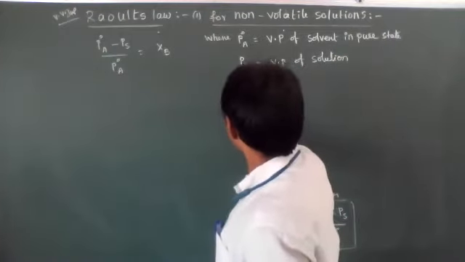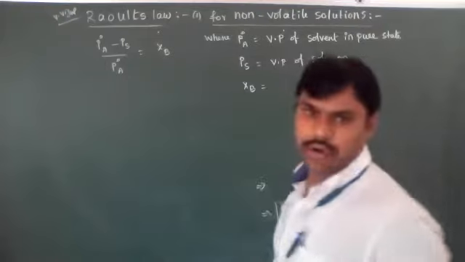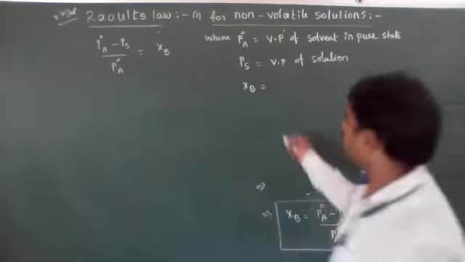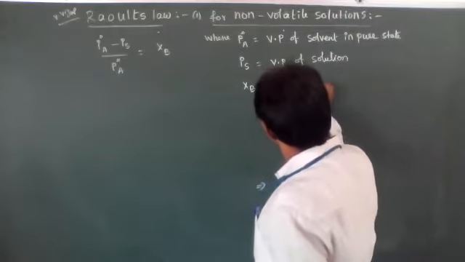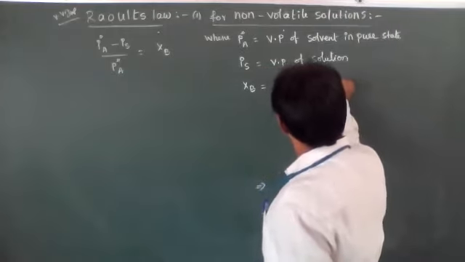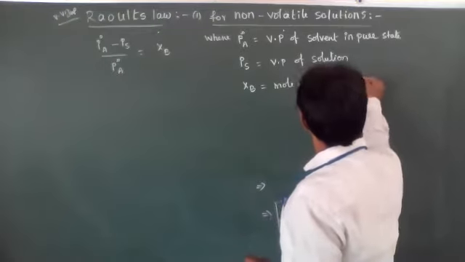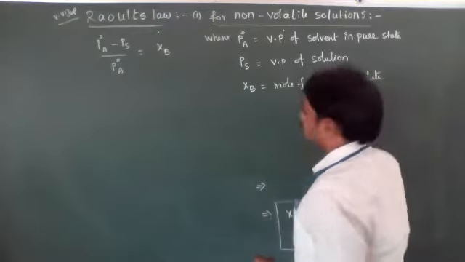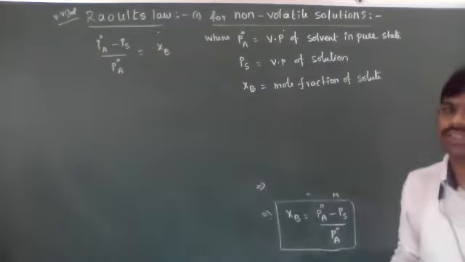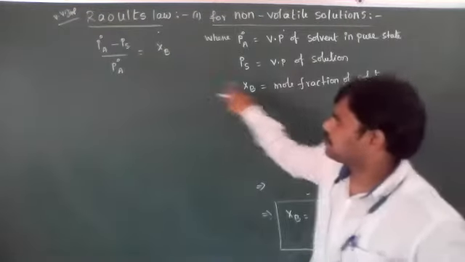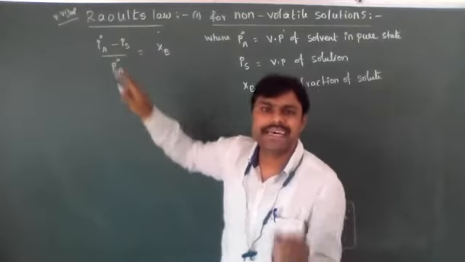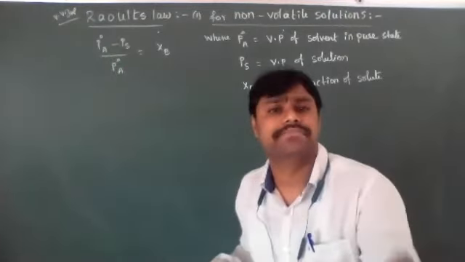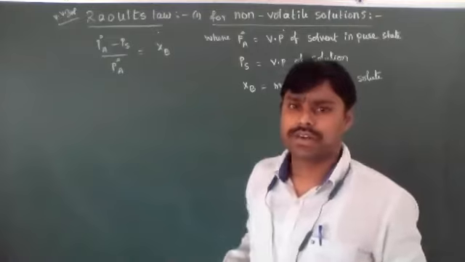And XB is equal to, what is XB, dear students? The mole fraction of solute. XB is equal to the mole fraction of solute. So these are the important terms: P naught A minus PS by P naught A. Here I used A means solvent, B is solute.